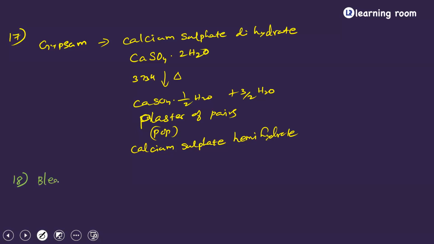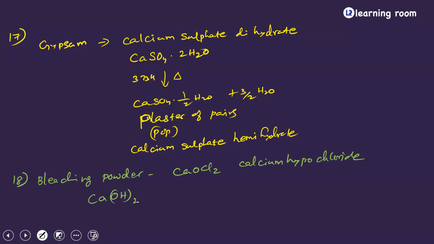Bleaching powder. What is the bleaching powder? CaOCl2, calcium hypochlorite. How will you prepare it? We just saw it.